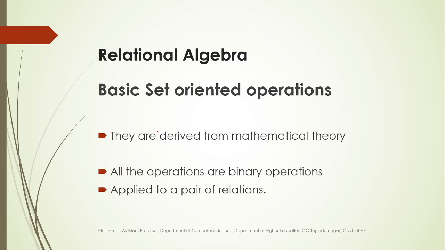These are set operations, and they are derived from mathematical theory. All the basic set operations are binary operations. Binary means they operate on two tables or two relations, that is, they are applied to a pair of relations.